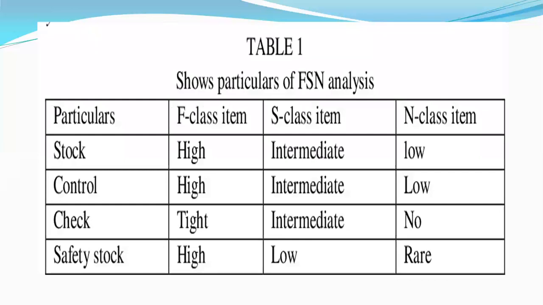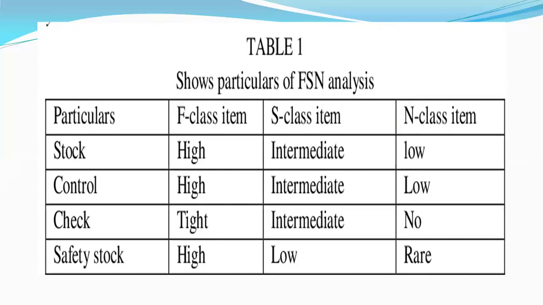So we can see the particulars of FSN analysis. Then F class, S class, and N class: high, intermediate, and low or rare. Stock in F class is kept high, then for slow intermediate, and then for non-moving low.